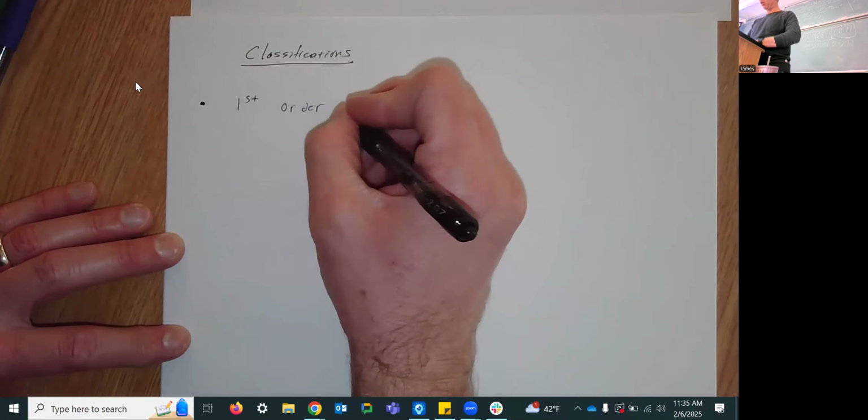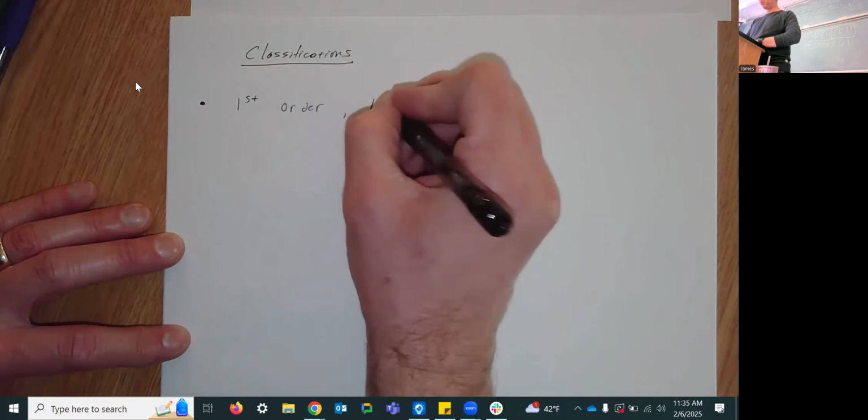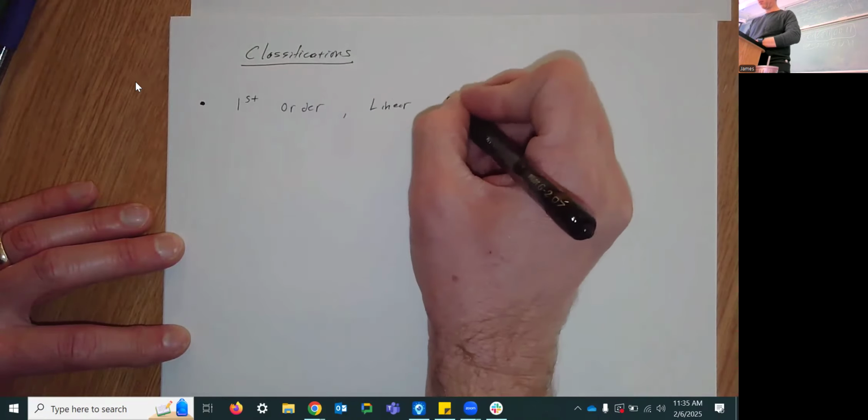Here's an example of a first order linear differential equation.